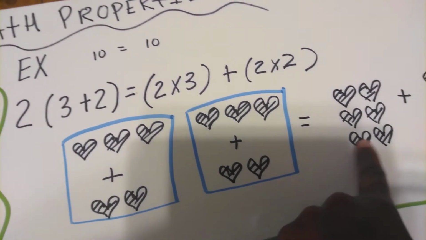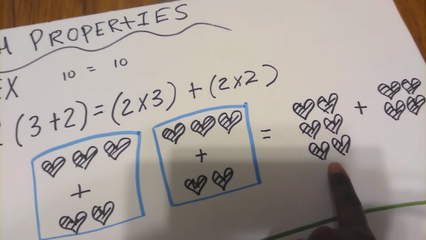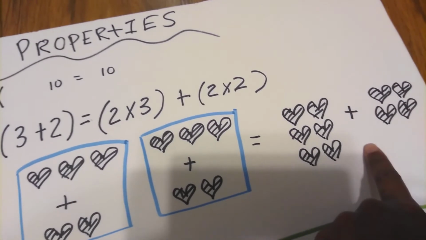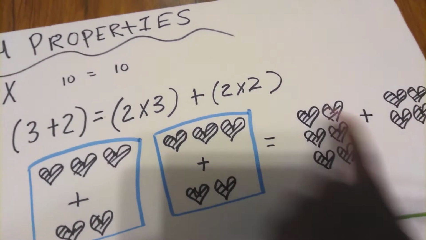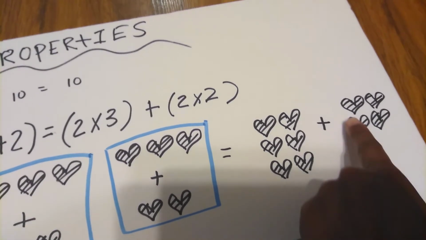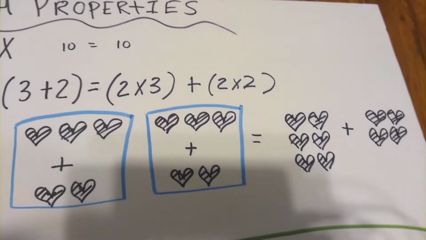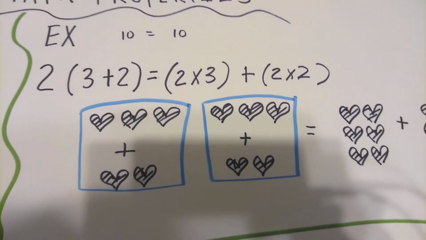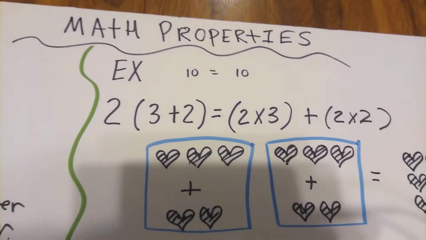So 2 times 3, that's 6. Plus the 2 by 2 hearts, which is 4. And 10 equals 10.